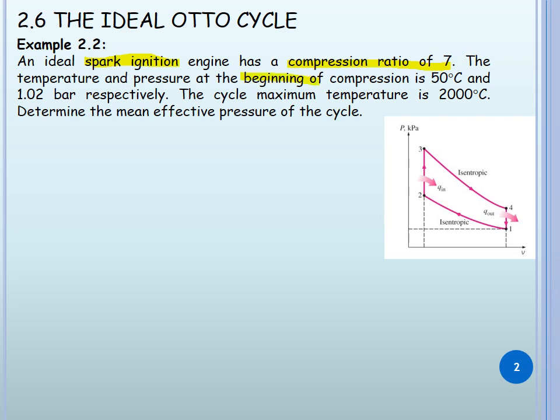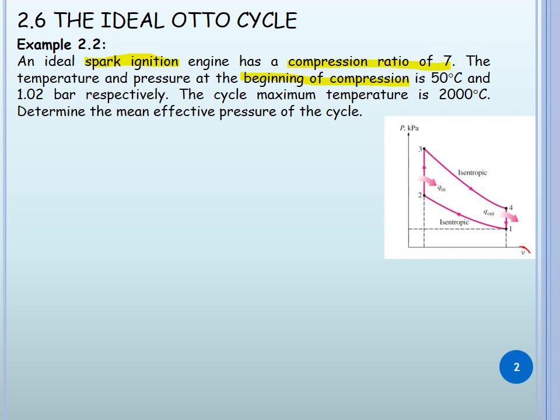So what is meant by the beginning of the compression? It is actually easier if we recall the PV diagram of the Otto cycle. In this PV diagram, P is pressure and V is specific volume.